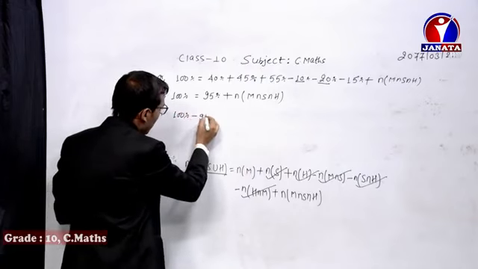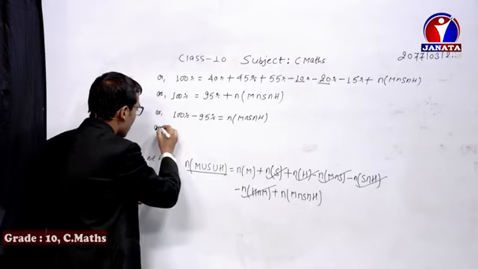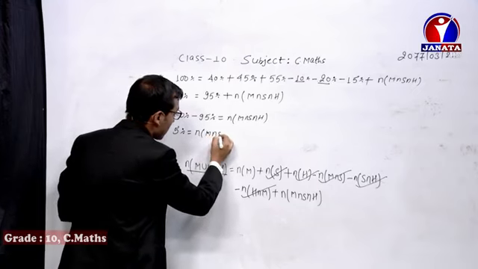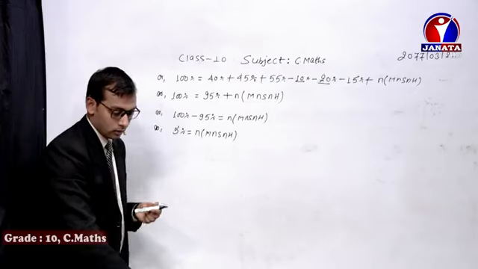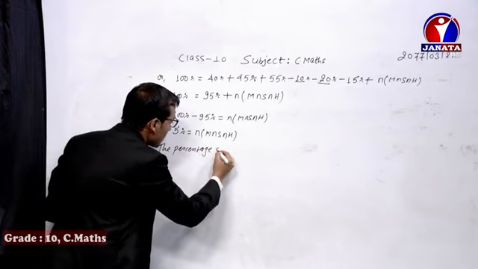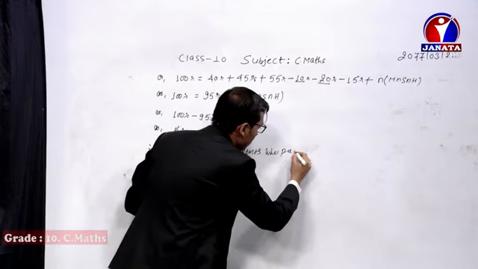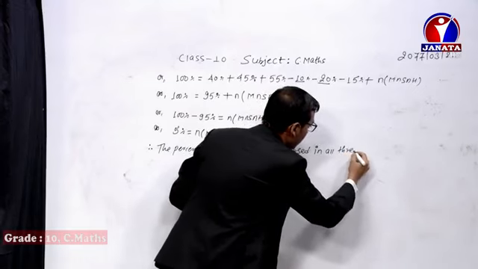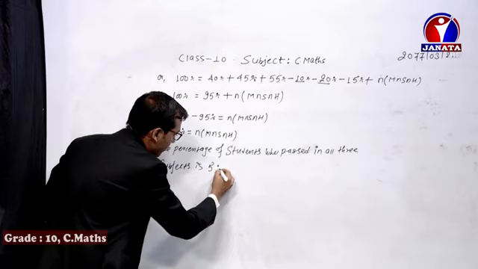So 100% minus 95% is N of math intersection science intersection H, or it gives 5% is N of math intersection science intersection H. So therefore, the percentage of students who passed in all three subjects is 5%.